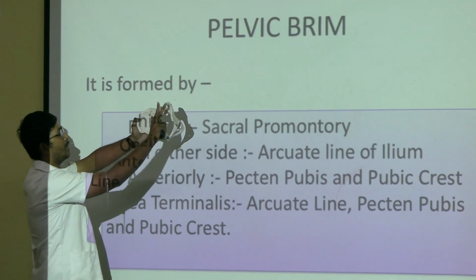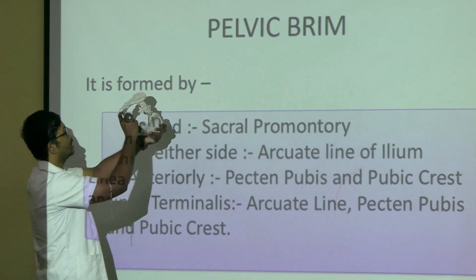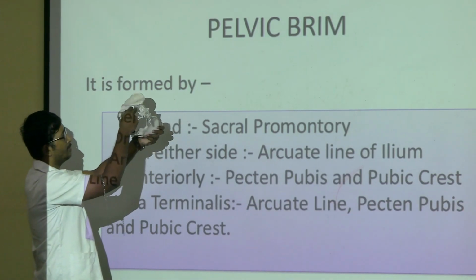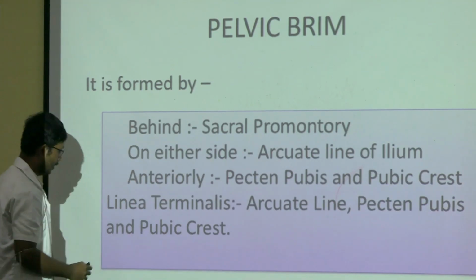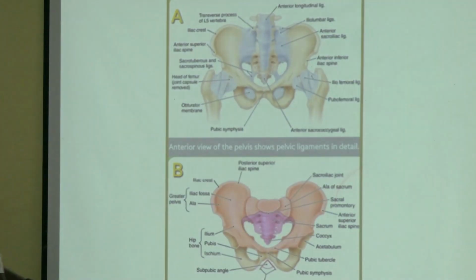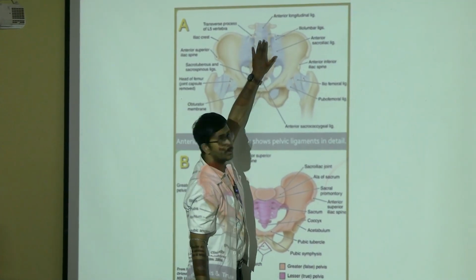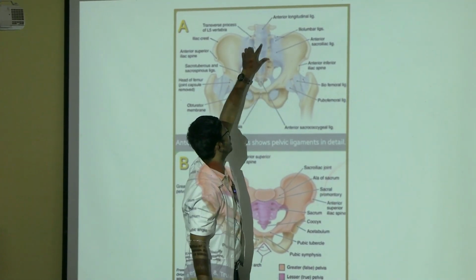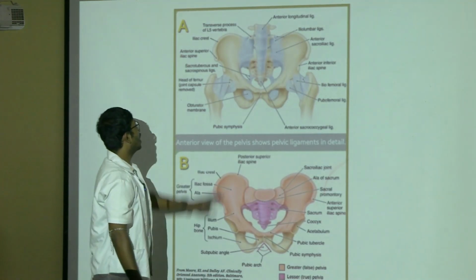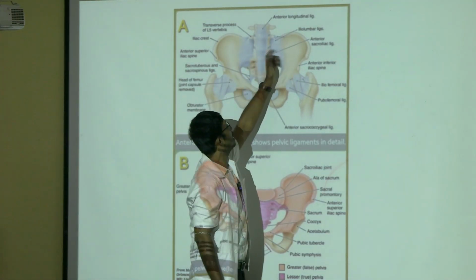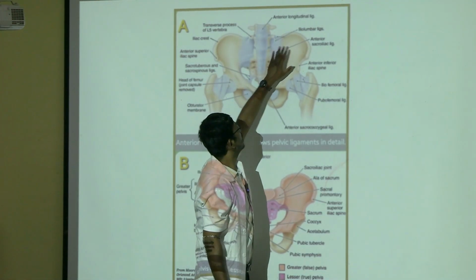Above this part is your greater pelvis, and below this portion is your pelvic cavity having the pelvic inlet and the outlet. Now here you see certain important ligaments. If you have attended the vertebral class, I have told you that in the anterior part you have the anterior longitudinal ligament. On either side you have the iliolumbar ligament, between your lumbar vertebra and your ilium.